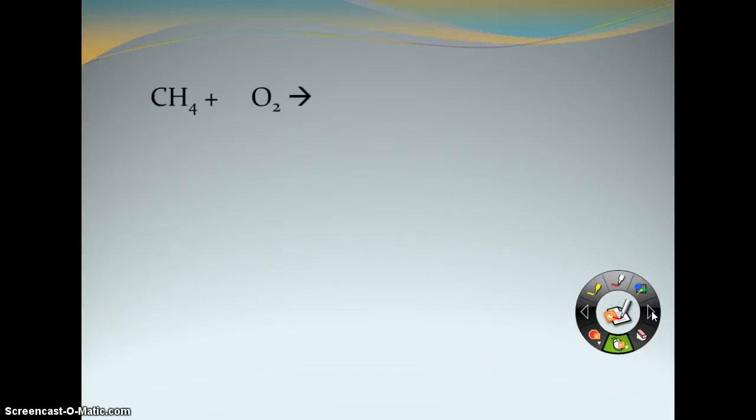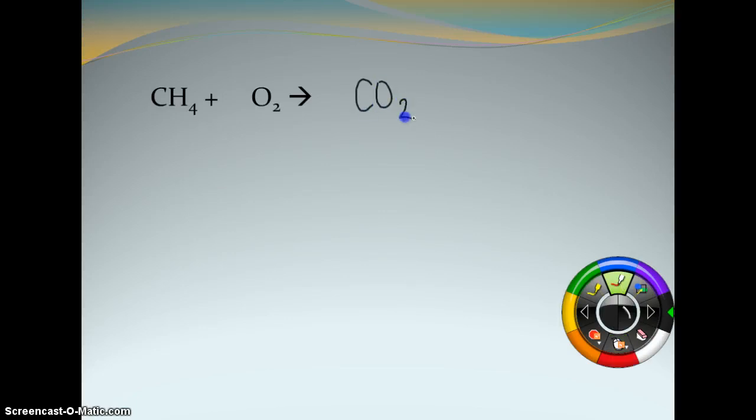So if we look at an example, we have CH4 plus O2. We know our products are always going to be carbon dioxide and water. Now we need to balance. We can use our listing if we want: carbon, hydrogen, oxygen.